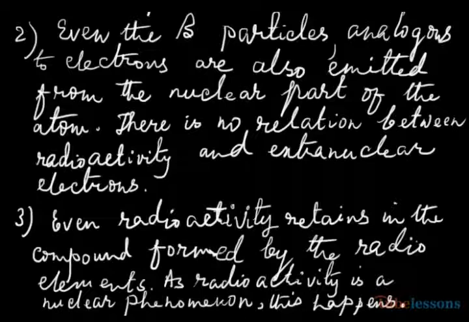And the third point is that radioactivity is retained in the compounds formed by radioactive elements. We know that normal compounds are formed by the role of electrons, by electrovalent bond, covalent bond, etc. The electrons play their role in the formation of compounds. And in those compounds, the properties of the components do not retain; say in water, the properties of hydrogen and oxygen do not retain.